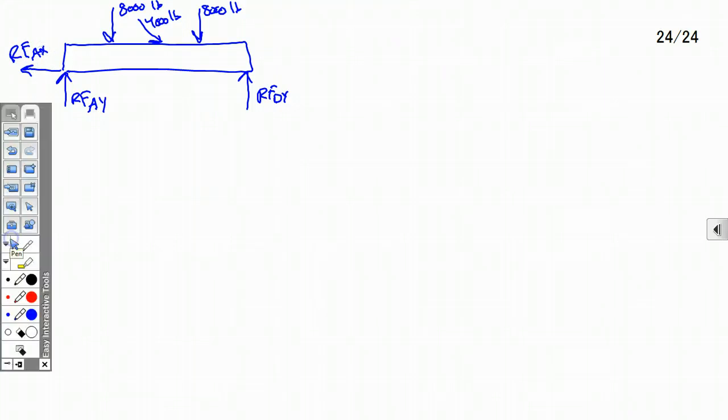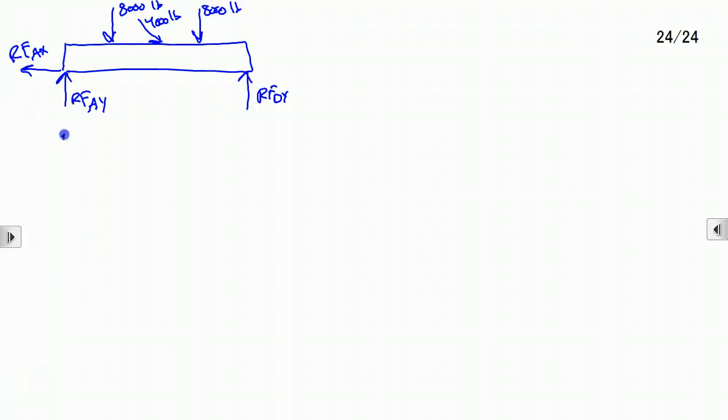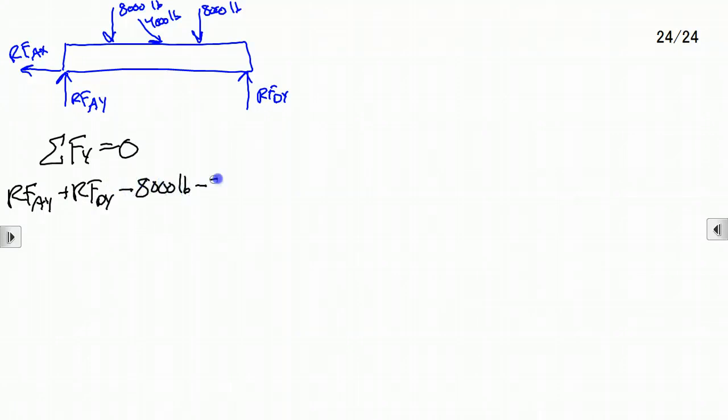Alright, I was doing some of the forces in the y. Sum of forces in y has to be 0. So I have going up RF AY plus RF dy, minus 8,000 pounds going downward, minus the other 8,000 pounds going downward, minus the force at E in the y direction.